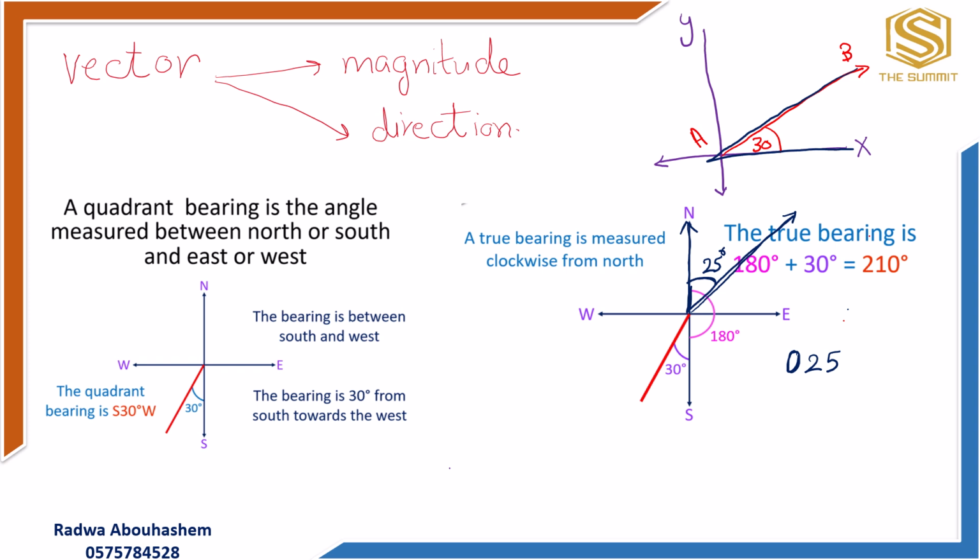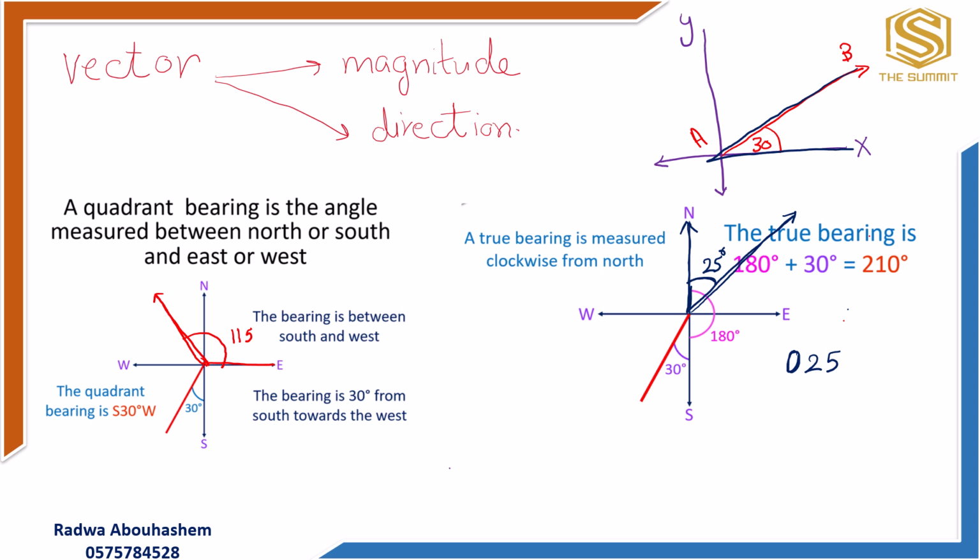Let me give you another example to make sure you understand it very well. What if I have this vector? It's 115 degrees. Again, I'm moving from north to east or west.